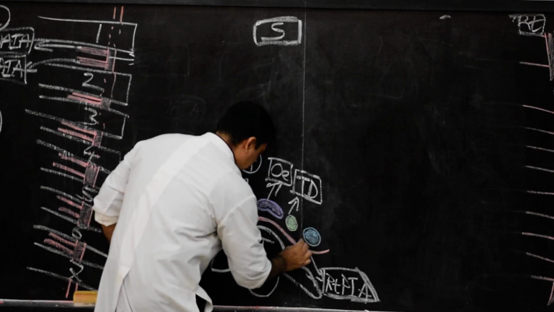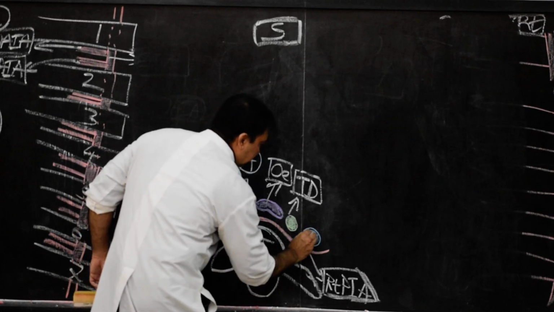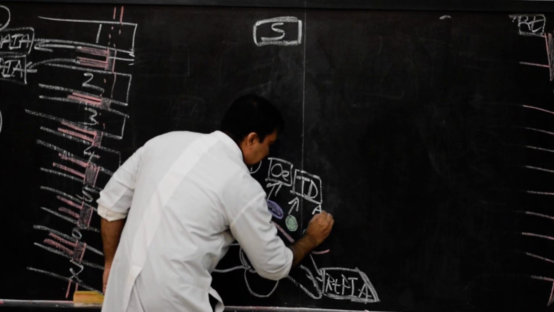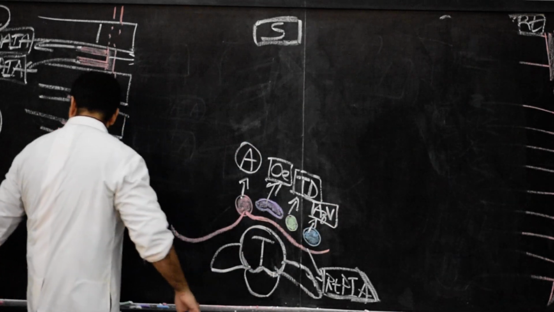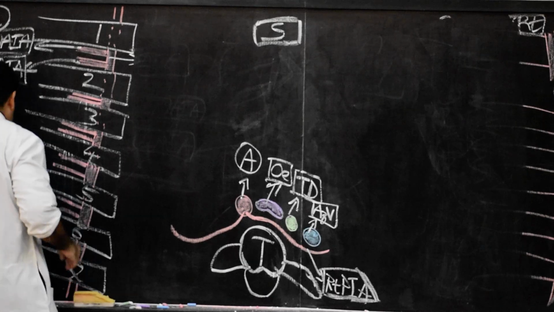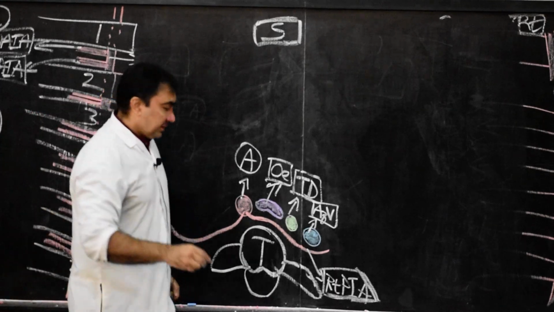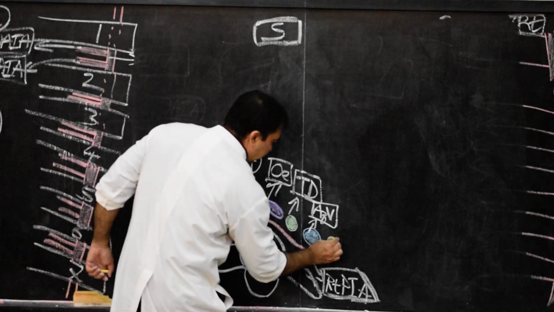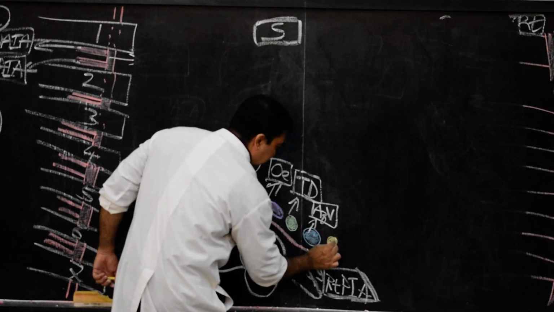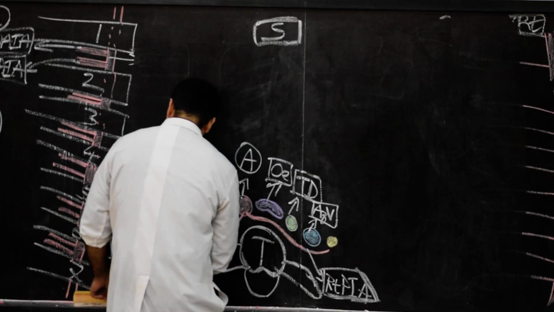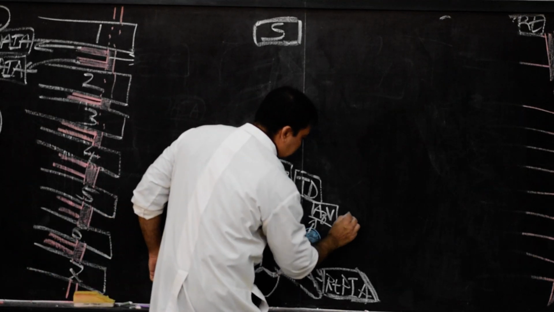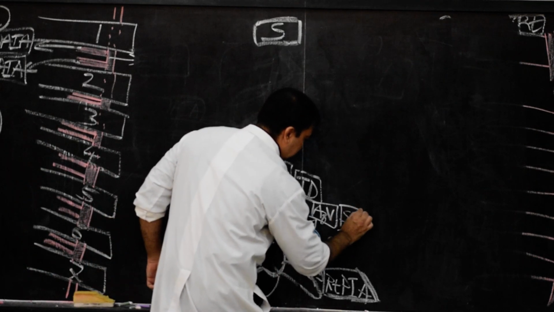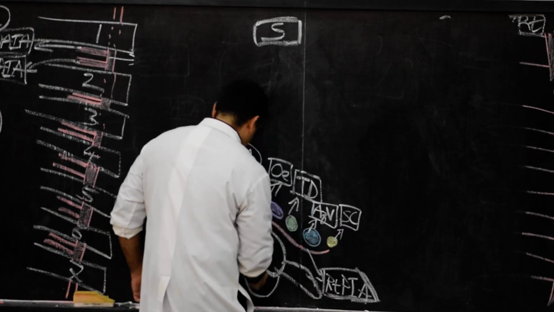And the fourth structure will be the right sympathetic chain. Here I am going to mark this as the right sympathetic chain, the sympathetic chain on the right side.